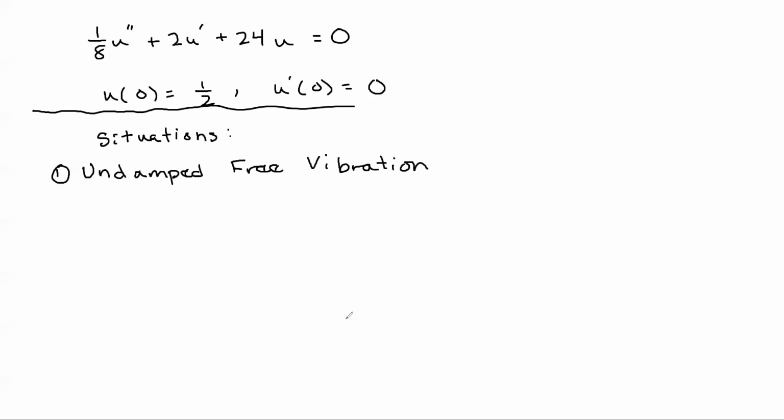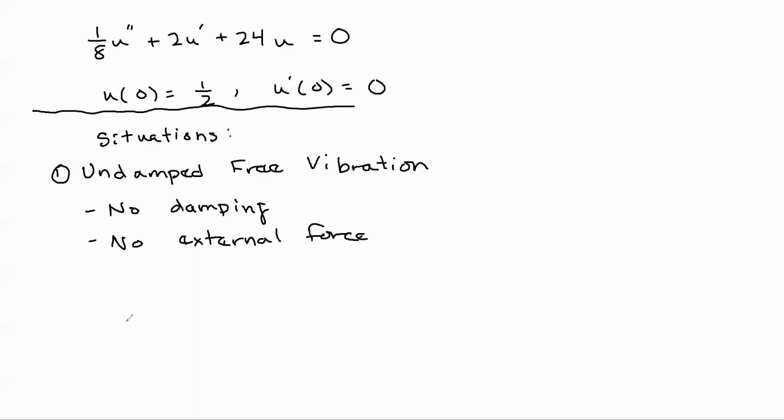Just by reading it, you can maybe gather that there's no damping, and free vibration just means that there is no external force. So you don't have an external motor attached to your mass on a spring that is pushing it.